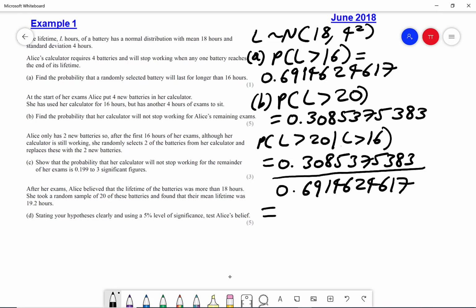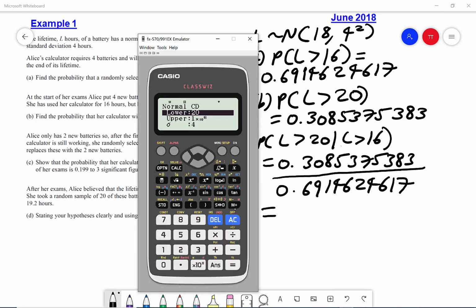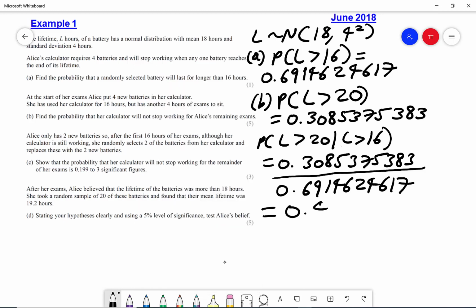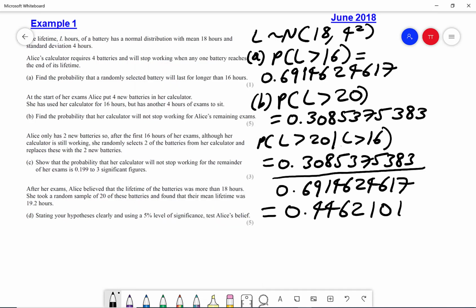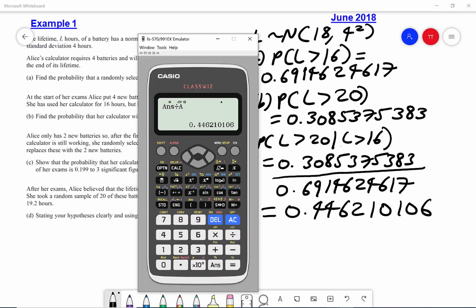Now if I type that on my calculator, I can come out of this, go to the normal screen. Now I know that the numerator is the very last answer I had, but the denominator was stored in A, so I can just press alpha and A, and that will give me 0.4462 and so on. So I get 0.446210106.